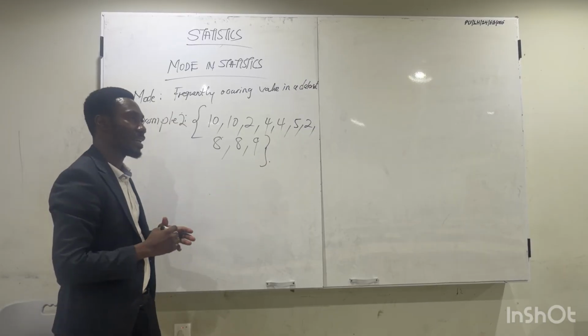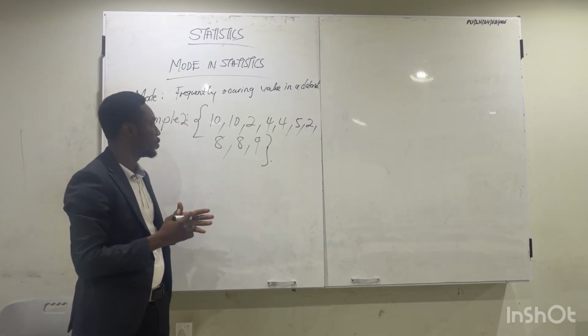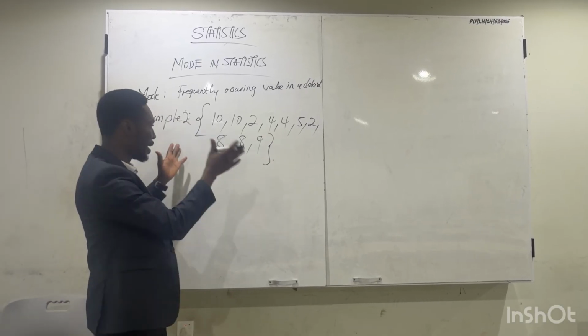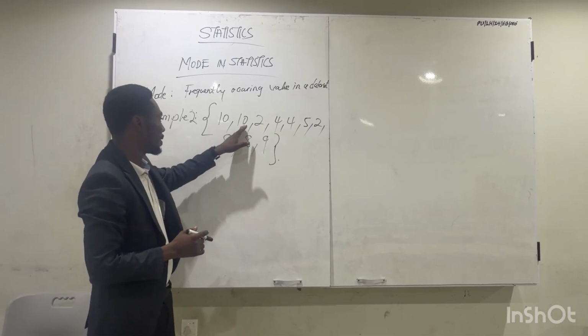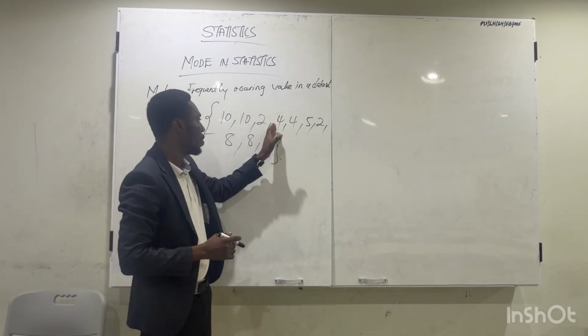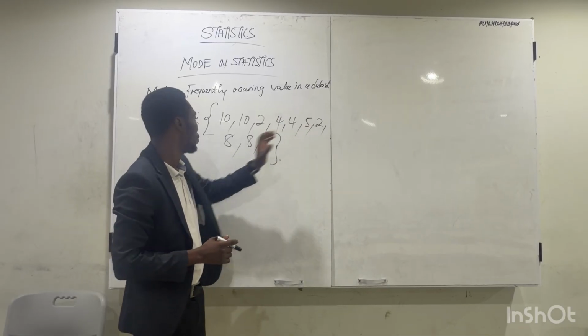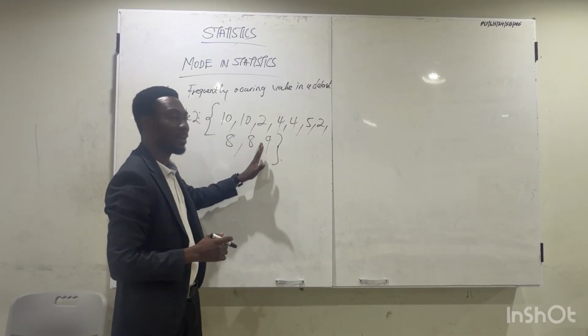When you are given a raw data set and asked to calculate the mode, you have to quickly observe the whole data set.